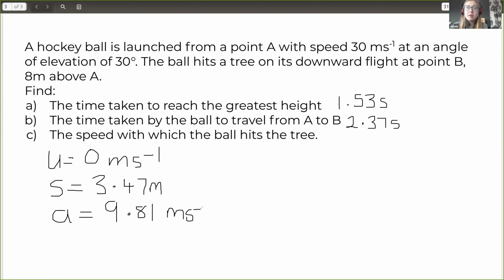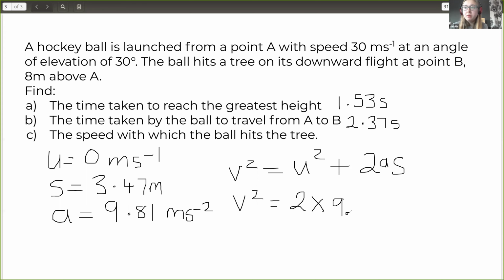And I'm going to use V squared equals U squared plus 2AS. Helpfully, U squared is 0, so V squared is equal to 2 times 9.81 times 3.47, which means V vertically works out at 8.25 meters per second.